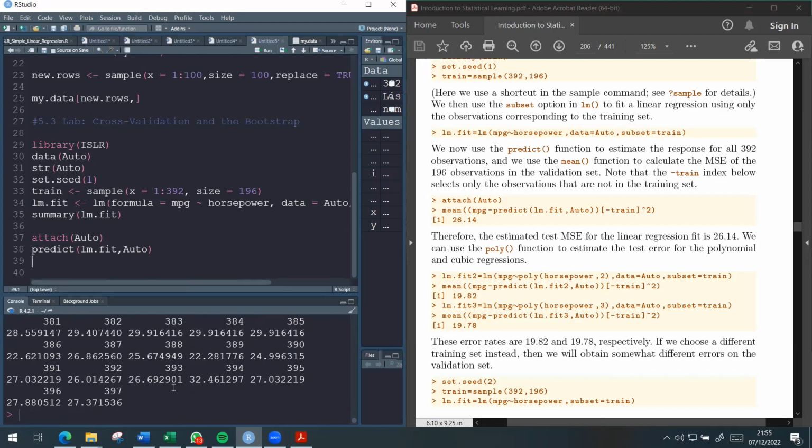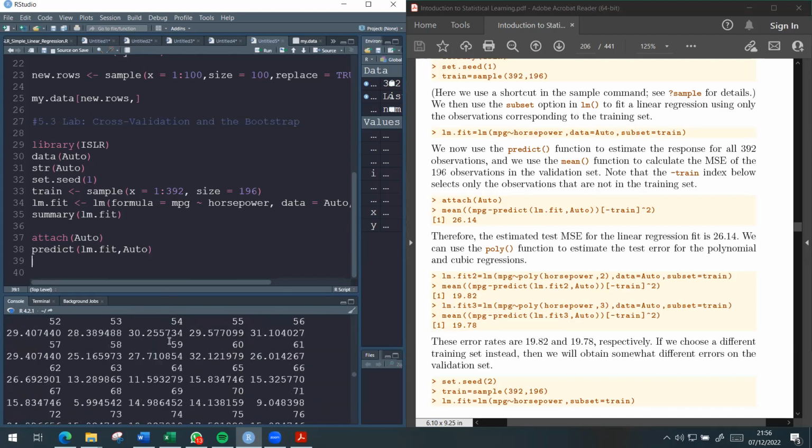So that would be on all the Auto observations. So for example, for the 59th observation, we're predicting miles per gallon as a function of horsepower. We get 27.71. But we only want the values that we did not include in the training data set.